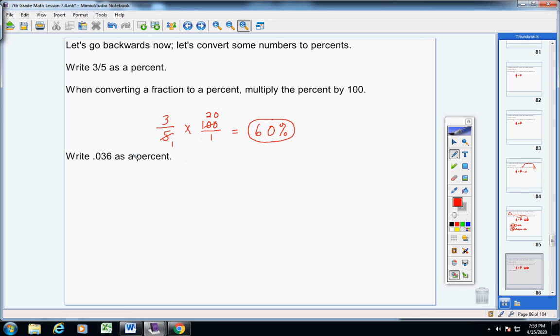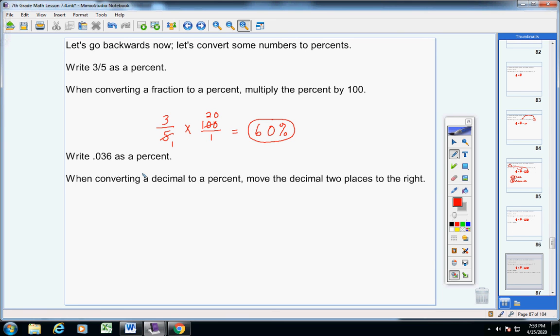Now, what if you're going from a decimal to a percent? Well, it's the opposite of what we did before. Remember, move the decimal 2 places to the left. Well, now we're going to move the decimal 2 places to the right. So, guys, you've got to remember this. It's your job to memorize this. When you're going from a percent to a decimal, you move it to the left.